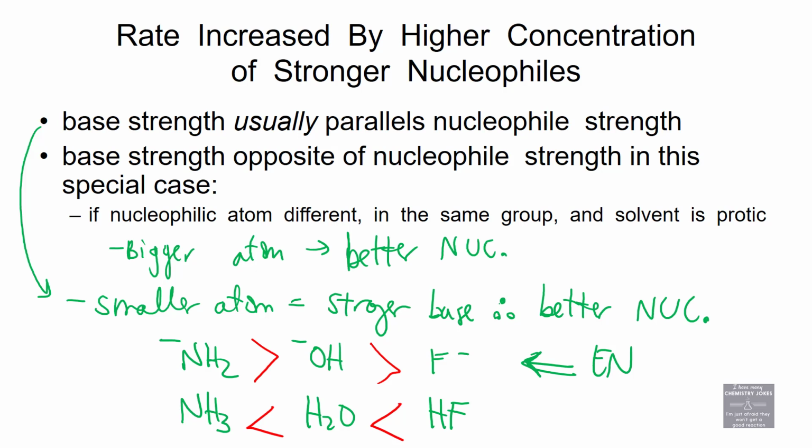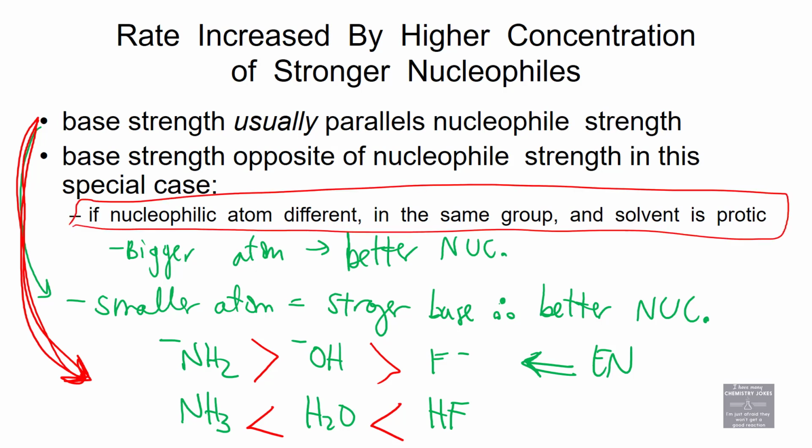And we said base strength usually parallels nucleophile strength. So NH2 minus is the strongest base. It is also the strongest nucleophile, regardless of solvent.